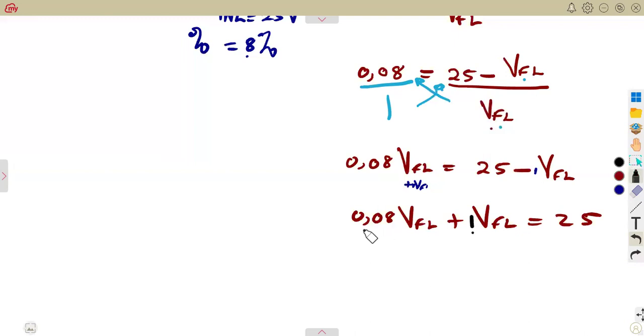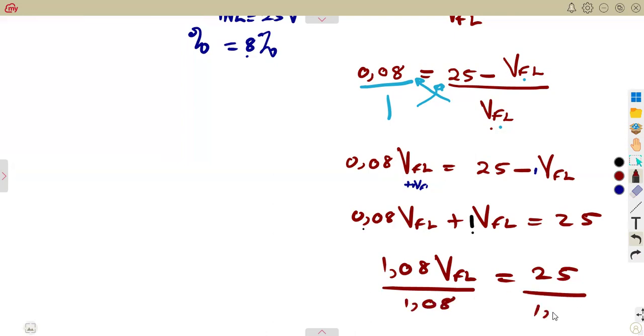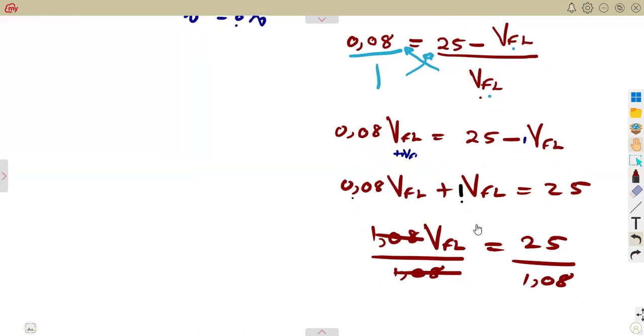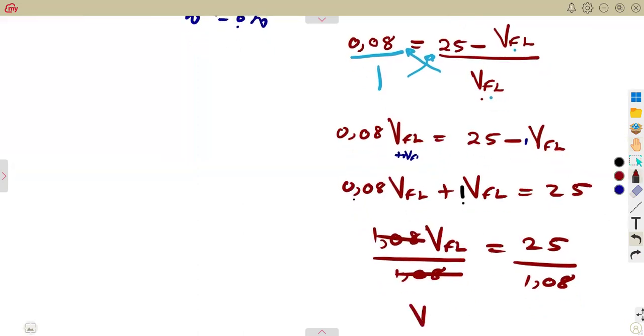So it's just 1 plus this, which is going to be 1.08 VF, which is 25. So how can we obtain this? Simply divide by 1.08 both sides. That is going to give us VF, which is the full load voltage. That is the voltage at full load, and that is going to be 23.148 volts, just like that.